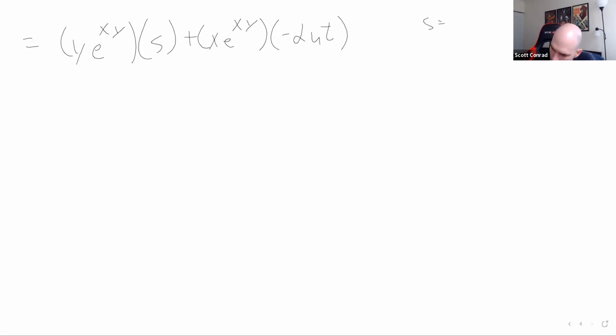So s is 2, t is 3, u is going to be negative 1. And so where you see s, u, and t, you can just plug in s equals 2, t equals 3, u equals negative 1. But notice we have x and y. And if you're evaluating a derivative at a point, you should not see any variables anywhere. So what do we do about the x and y? Well, those need to become numbers as well.